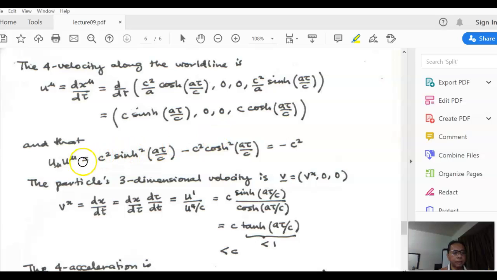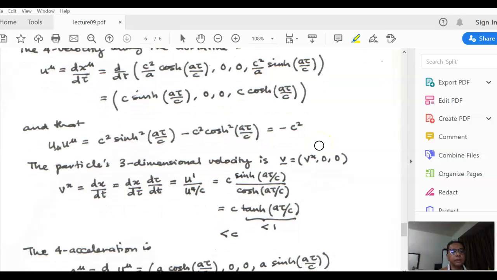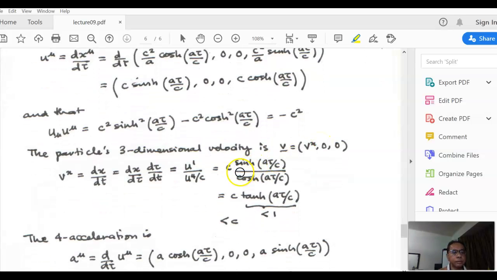And we can check now u mu u mu is just minus c squared, as we mentioned earlier. And then we can also check the components for the three-velocity, in this case it's supposed to be this, we add 0, 0 because y is 0 and z is 0.